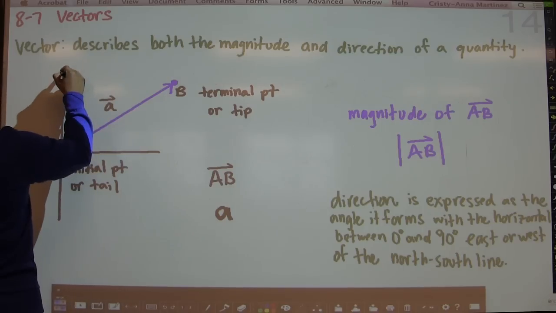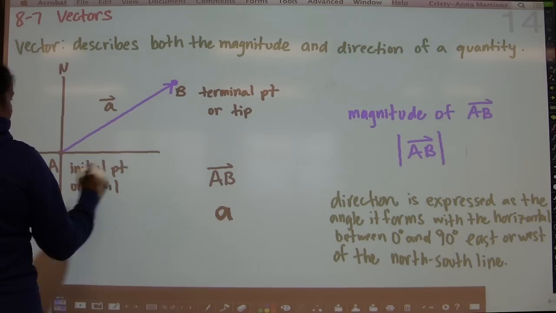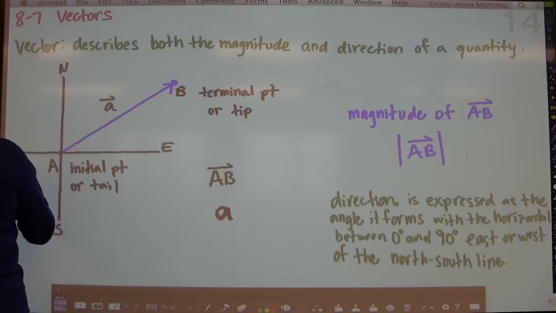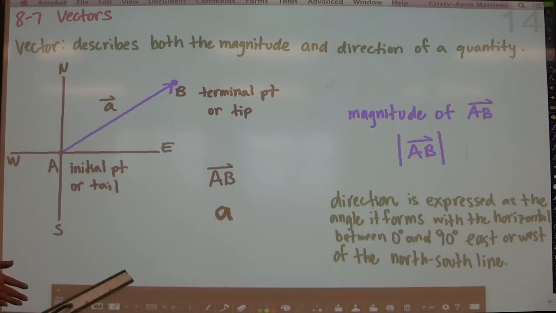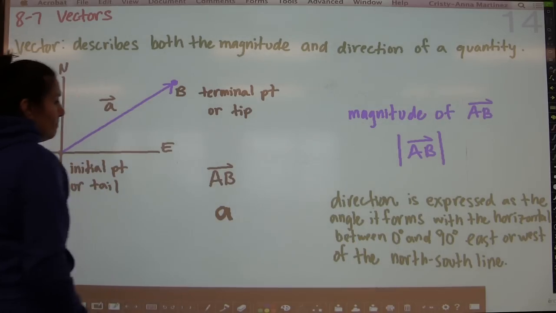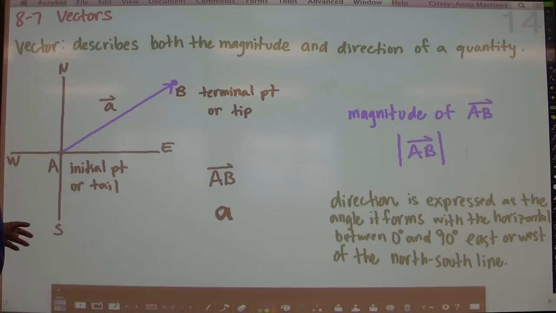And so of course we have north, south, east, and west as directions on a compass. At the same time, now we're looking for the measurement between 0 and 90. So there are two different ways of doing the direction. One was the angle that it formed with the horizontal. We already talked about that. Another method of giving the direction is to have the angle, but the angle has to be between 0 and 90, so it's between 0 and 90 east or west of the north-south line.